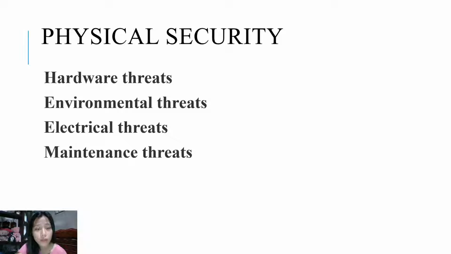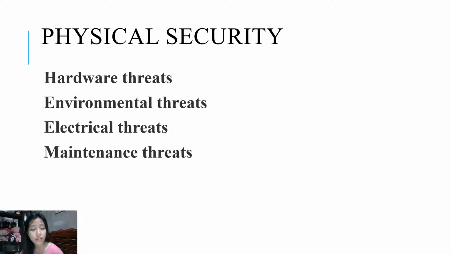So we have the physical security. There are four classes of physical threats. The hardware threats are physical damage to servers, routers, switches, cabling plant, and workstations. The environmental threats are temperature extremes, either too cold or too hot, or humidity extremes, either too wet or too dry.